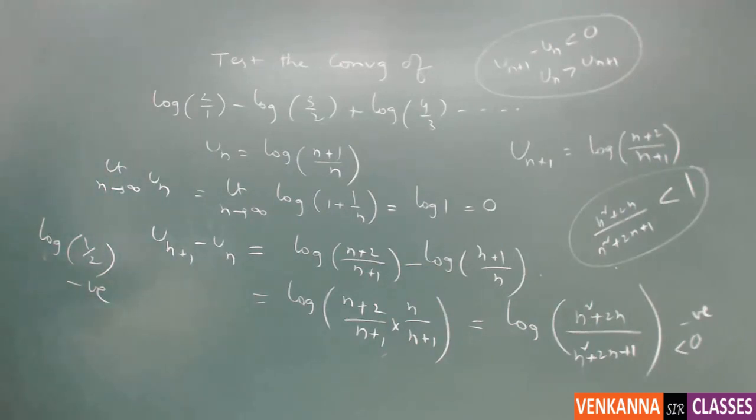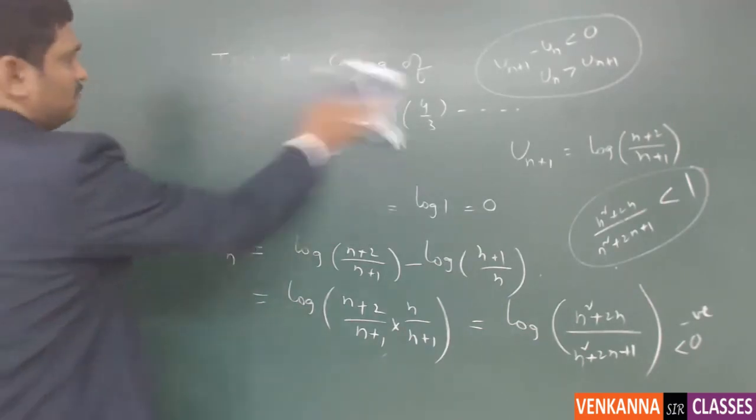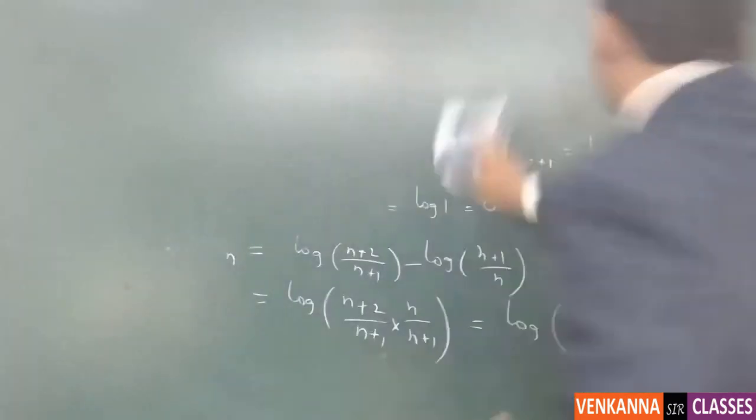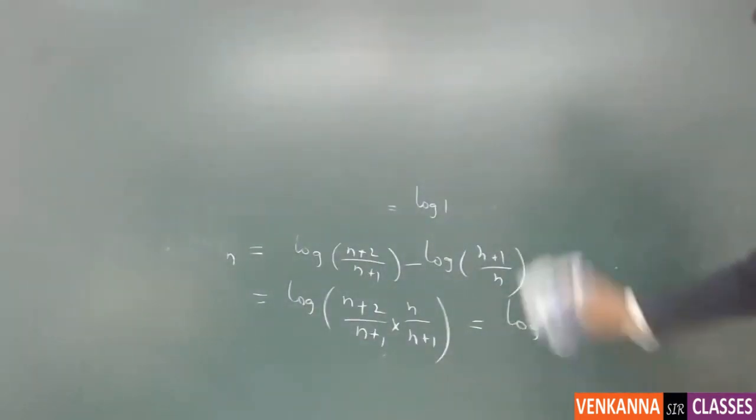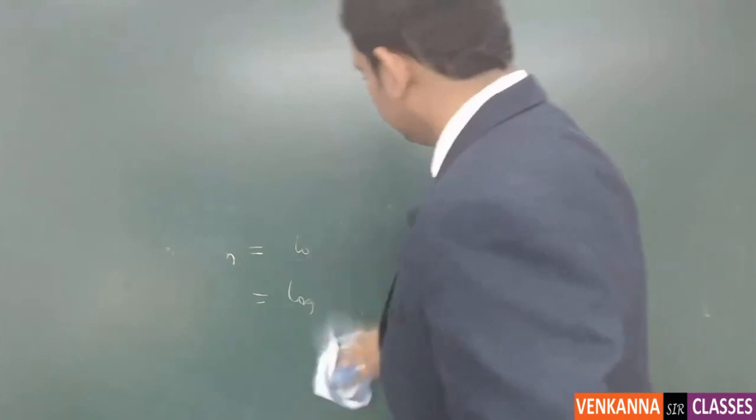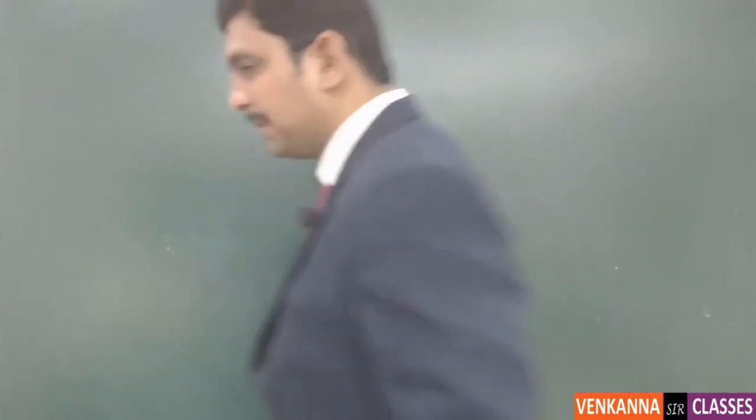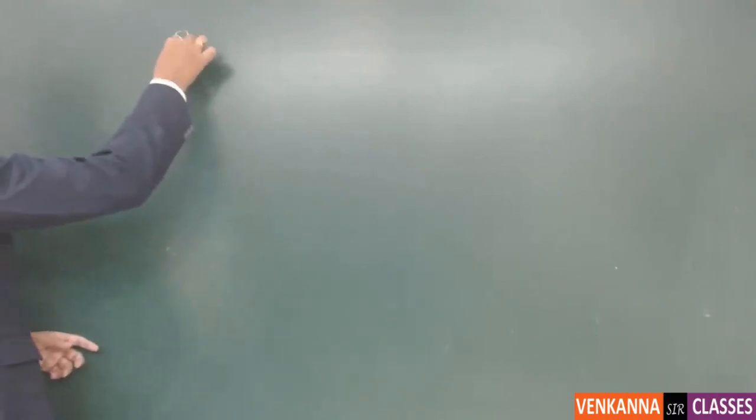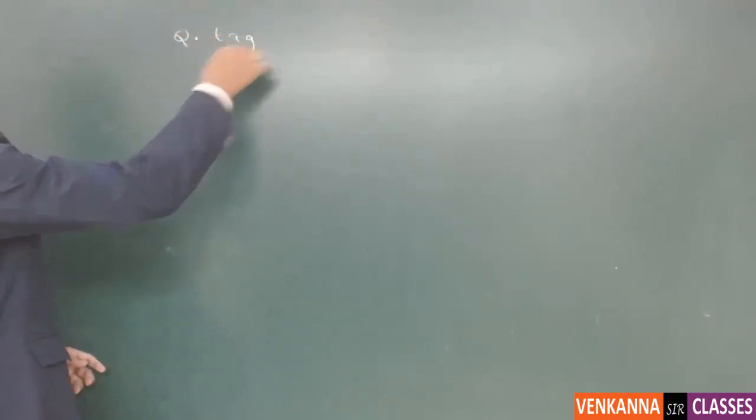And let us take one problem. Can I erase this? Yeah. So earlier, while discussing the concept of absolute convergence and conditional convergence, I will draw the picture, then you will get a whole idea. This is the question tag.